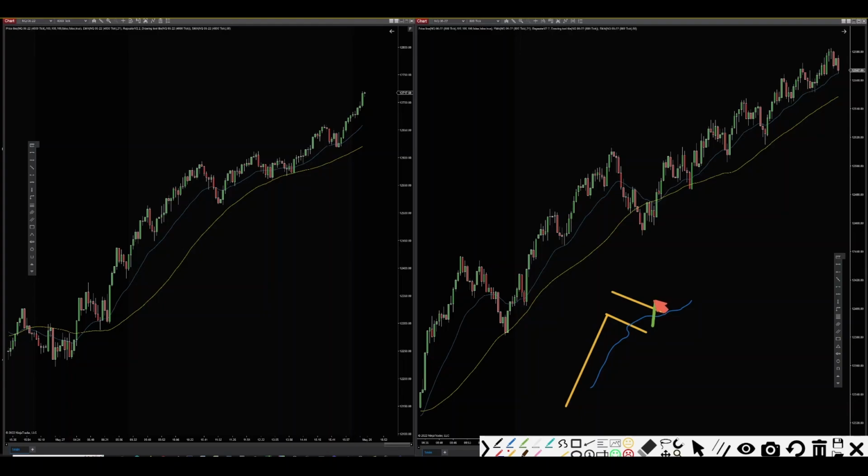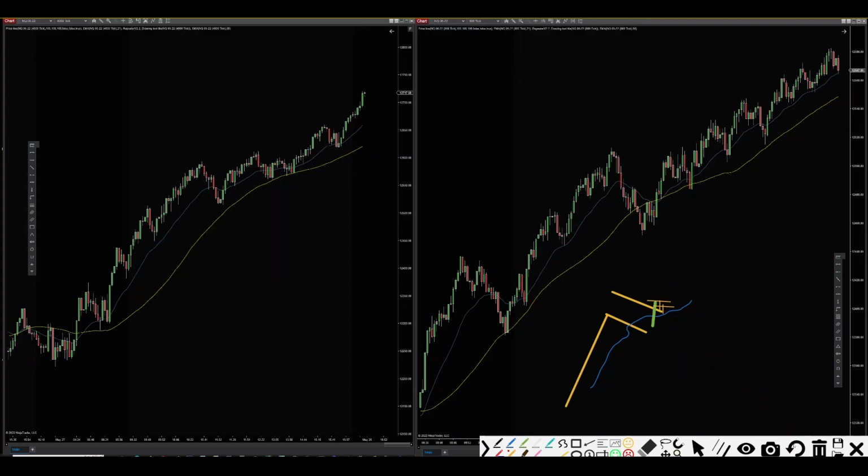Once it has closed like that, you can enter right here, or you can wait for a pullback, and usually the price may pull back into the channel or that moving average line to test before it continues up.